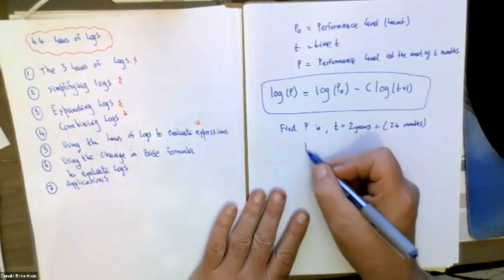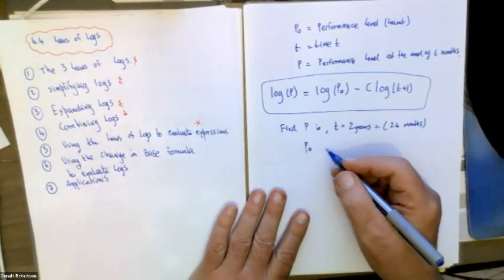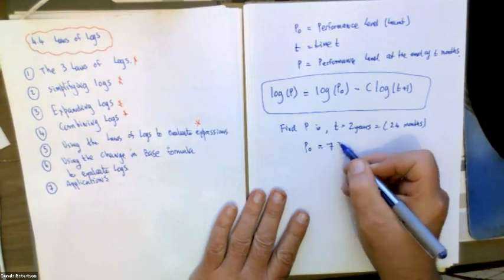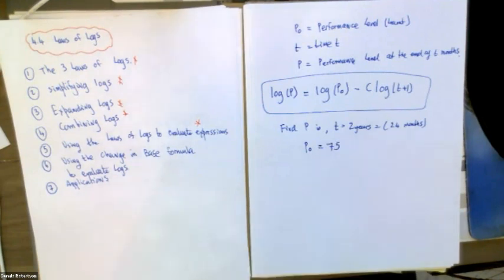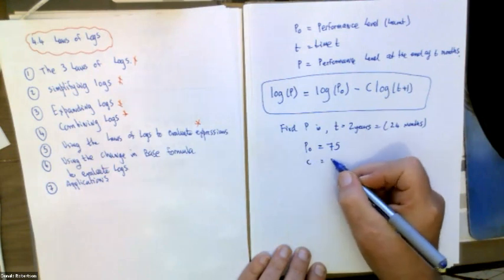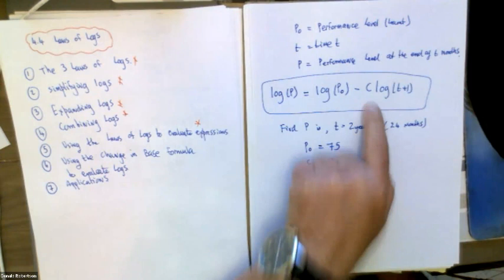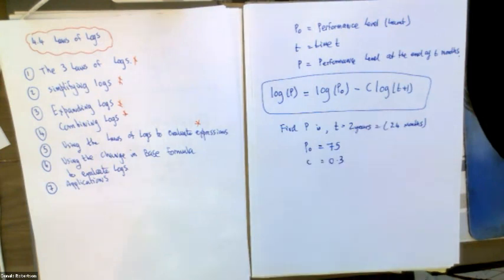And P0 is your initial performance level. So you got 75 in your French vocabulary test, so you remembered 75 out of 100 words. And you're told in this story that C is 0.3. I'm assuming that C is some measure of a particular person's ability to hold on to information.